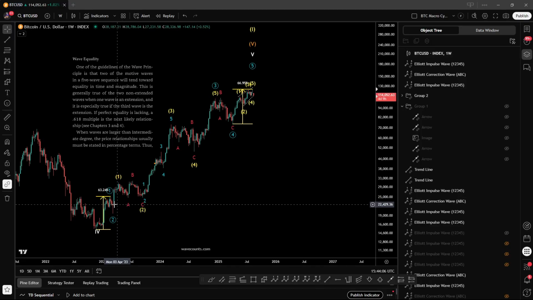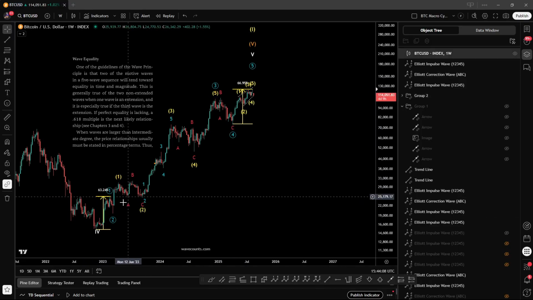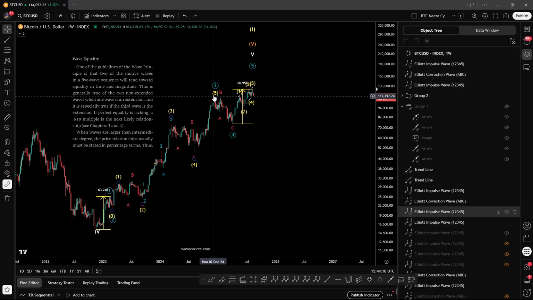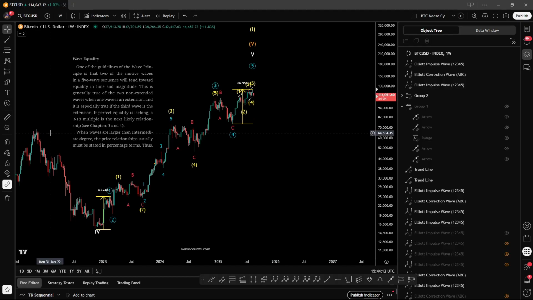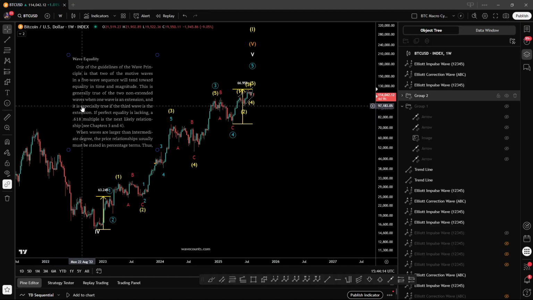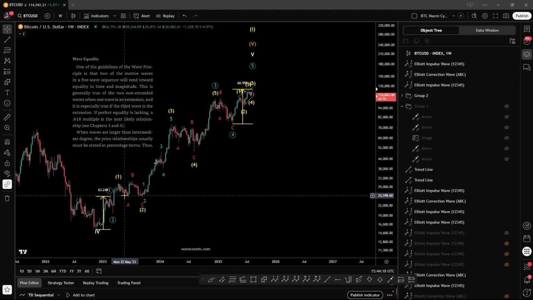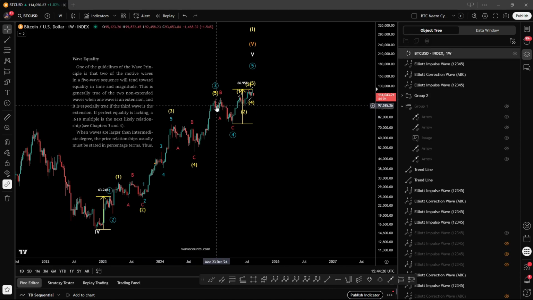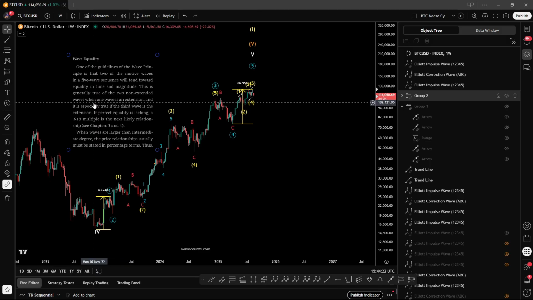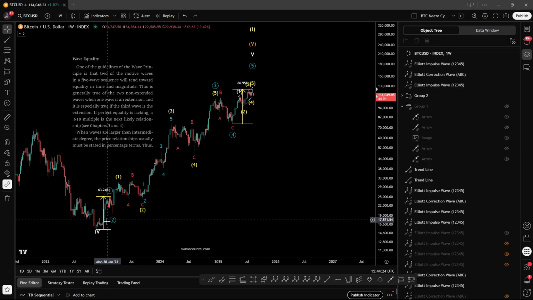So that's what we have here. Two non-extended waves, and we have one wave that is an extension. And it is especially true if the third wave is the extension. Well, that's what we have. So this is the exact description of what this is.